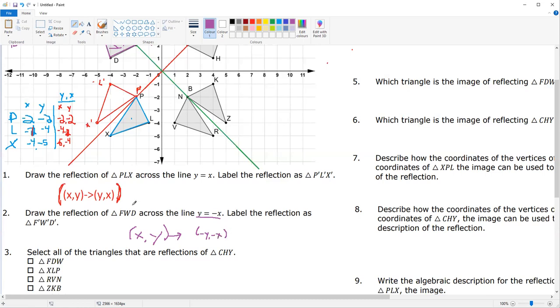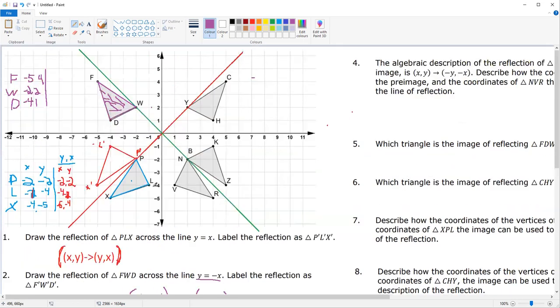Okay, it's kind of like the other one, except everything is negative. That's how I remember it. All right, so it's going to be -y is my x values, and -x is my y values for my prime. So this will be F prime, this will be W prime, this will be D prime.